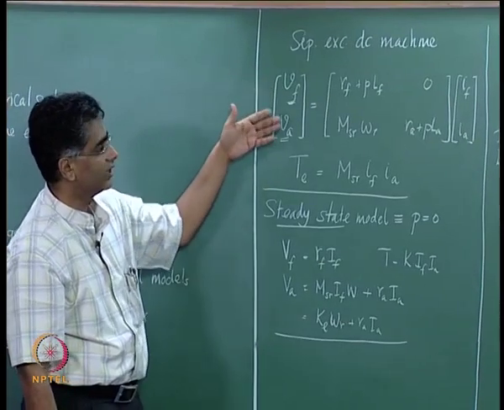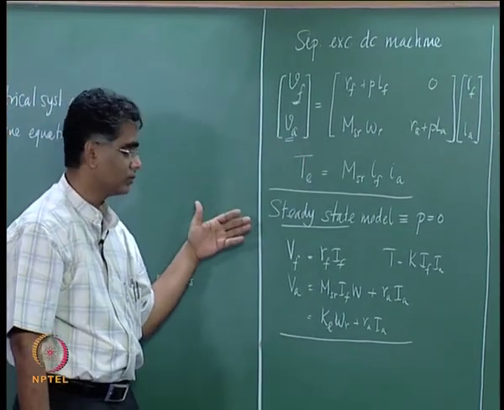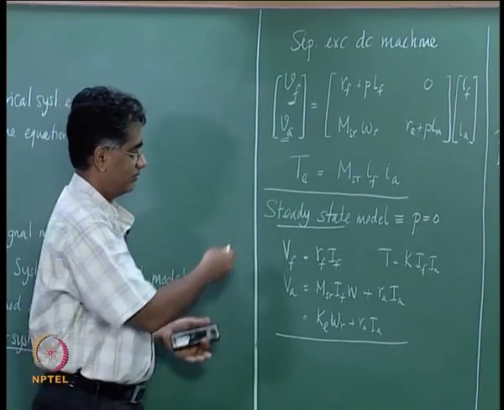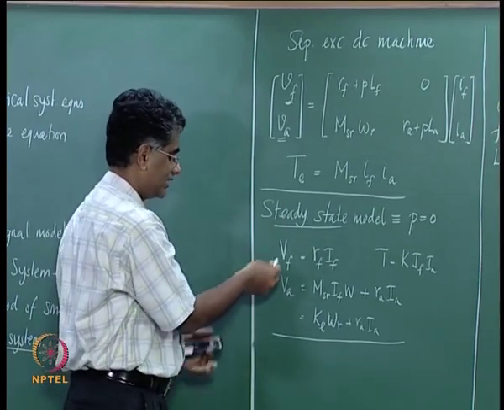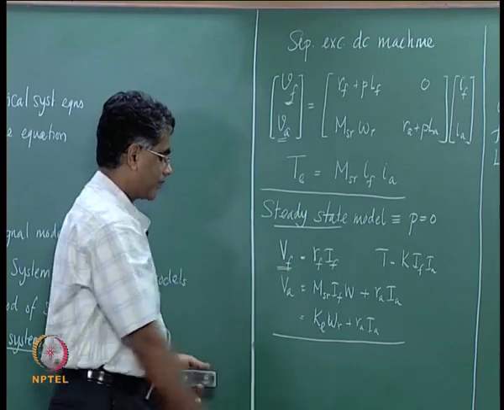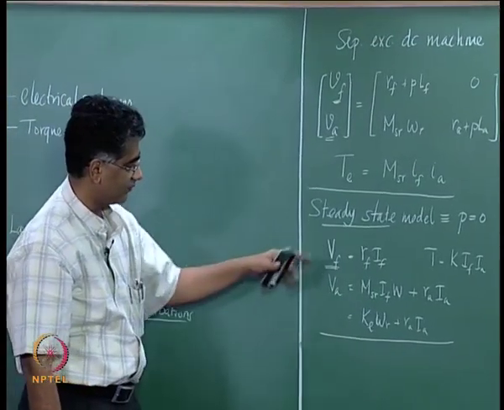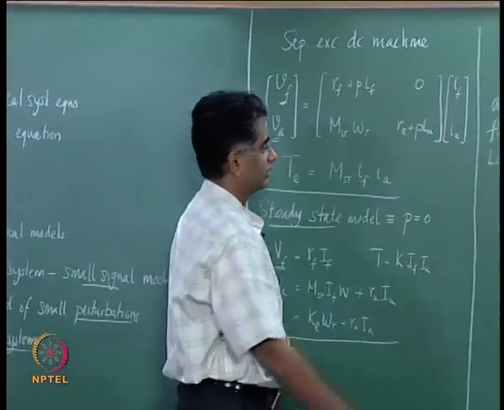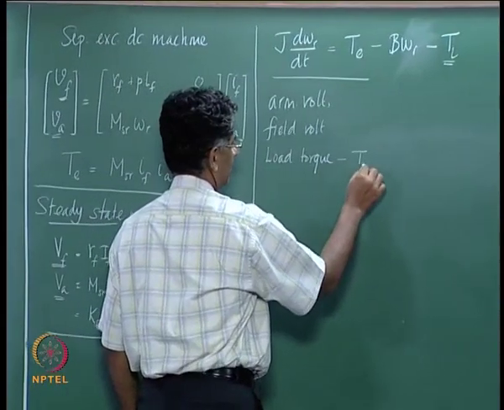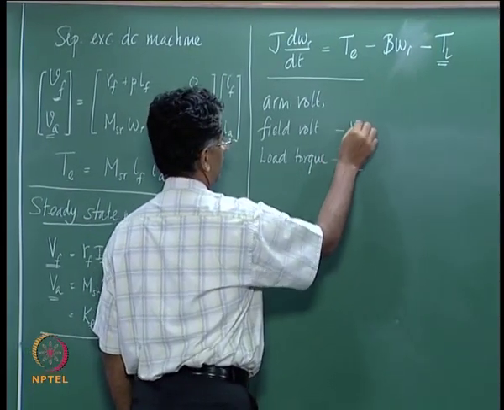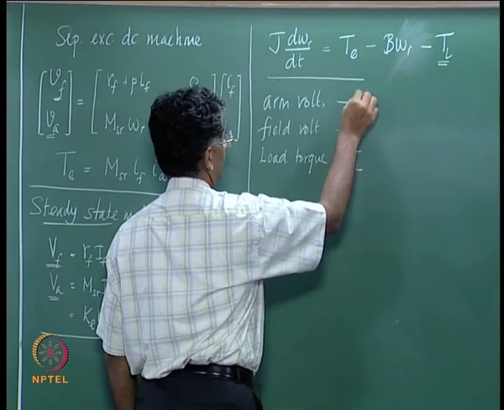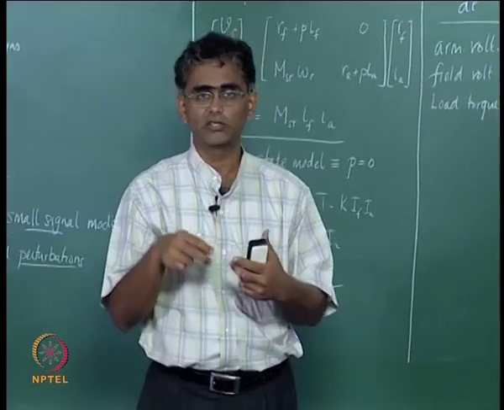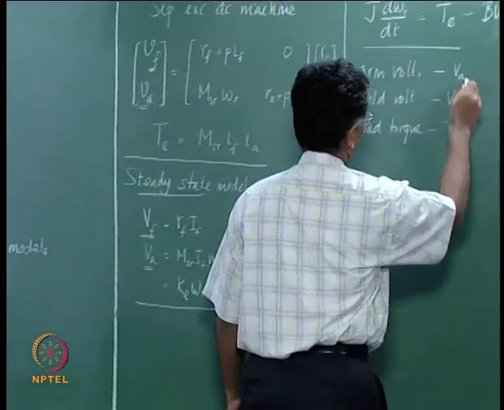Now these Vf, Va and TL, we will assume that the machine is operating under some steady state. At that steady state, the machine has an applied field voltage Vf and applied armature voltage Va, and we shall suppose that the load torque is TL. Now, over and above this there is a small disturbance that is enforced or added.